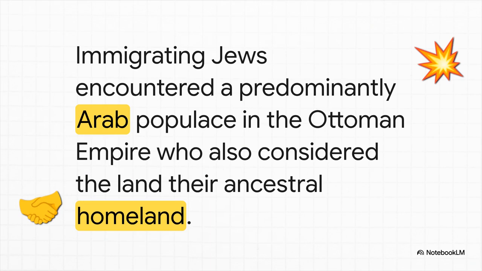But here's the thing. When Jewish immigrants started arriving, the land wasn't empty. It was part of the Ottoman Empire, and its population was overwhelmingly Arab, a people who also, quite naturally, considered it their ancestral homeland. This is where the two modern claims collide head-on.